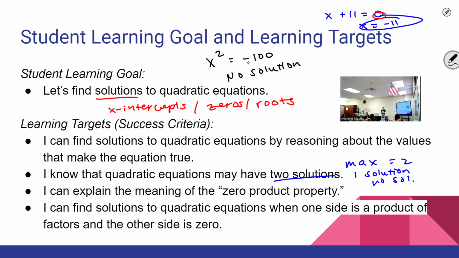If the answer to a multiplication problem is 0, then one of the numbers must be 0. Are you guys listening? Zero product property: if you have two numbers being multiplied that equal 0, then one of the numbers must be 0. So just add that word multiply. Which we've done before. Maybe you just didn't know it. We've reasoned that out before.